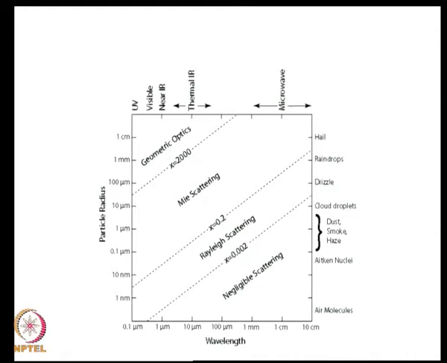Now, in this graph there is a clear relation between wavelength of radiation, particle radius and the kind of regimes that you are in. If the particle radius is of the order of 1 micron, then all wavelengths from 0.1 to 100 will be governed by Mie scattering, which means the full Maxwell's equations have to be solved.